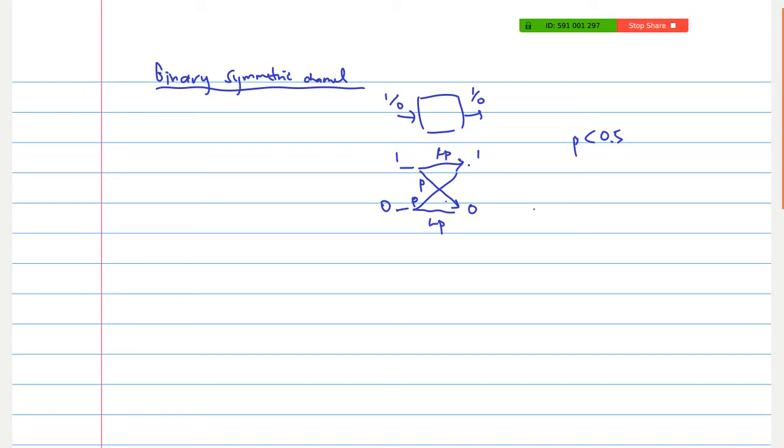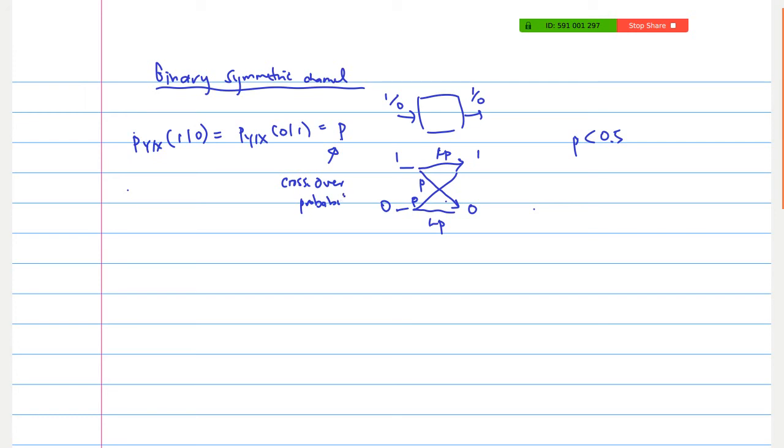Or I can write P(y given x), with input 0 and output 1, is equal to P(y given x) with input 1 and output 0, which is equal to p. And by the way, the p here is known as the crossover probability.